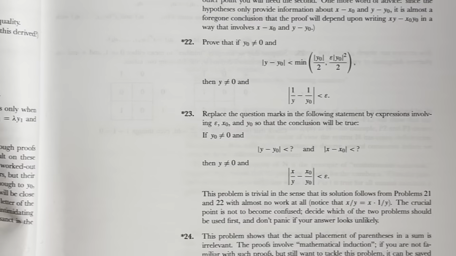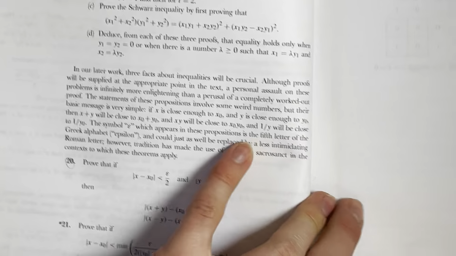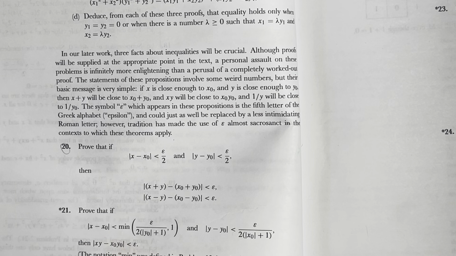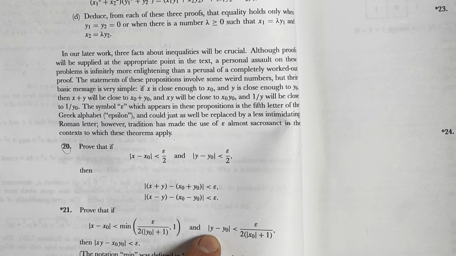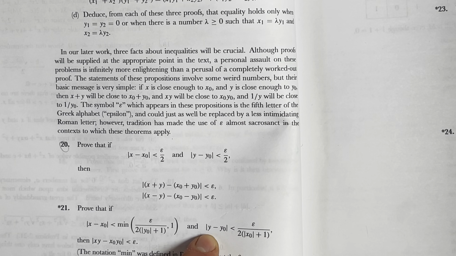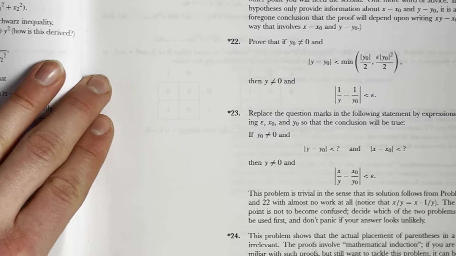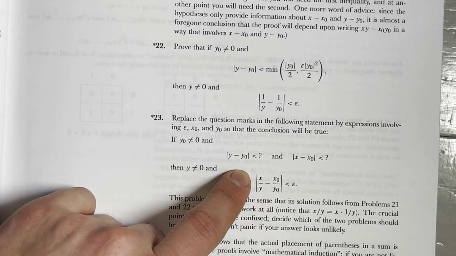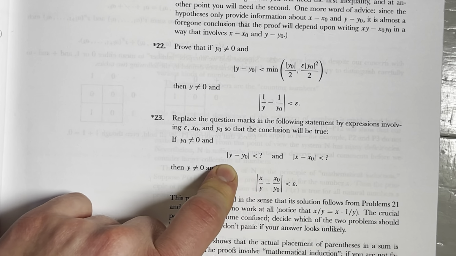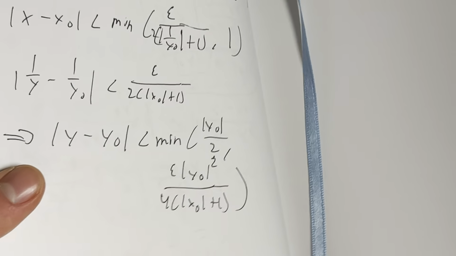So basically, we used problem 21, but we kind of used 1 over y and 1 over y0 as y and y0, and then we just had to transform the 1 over y minus 1 over y0 into this y minus y0, and that was done using problem 22, like this.